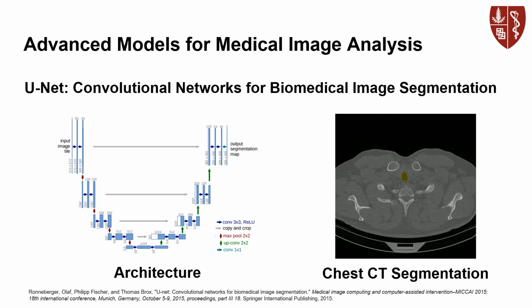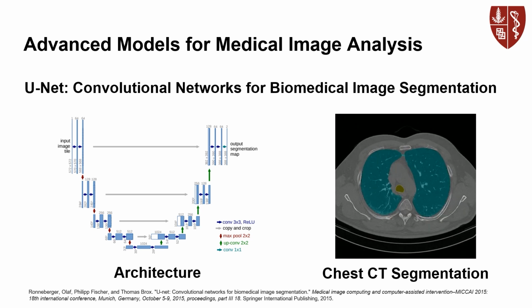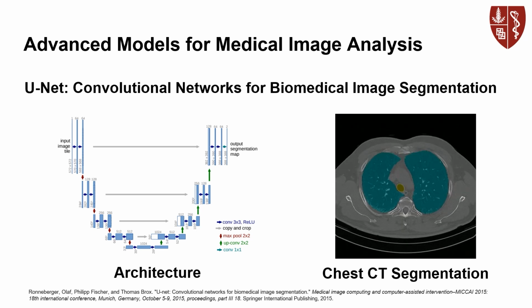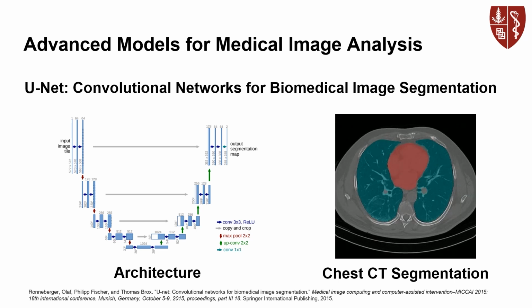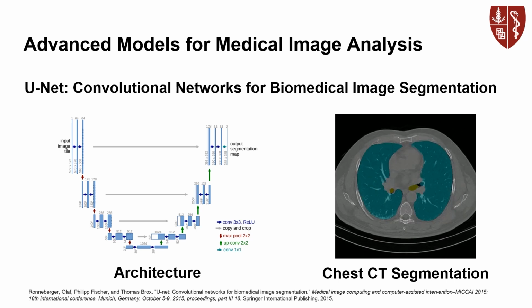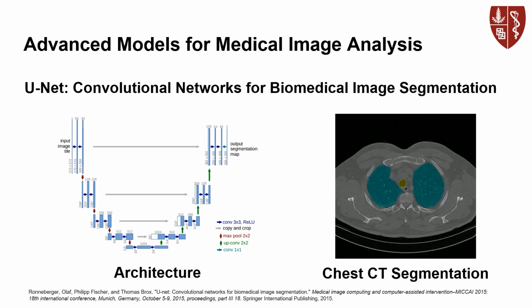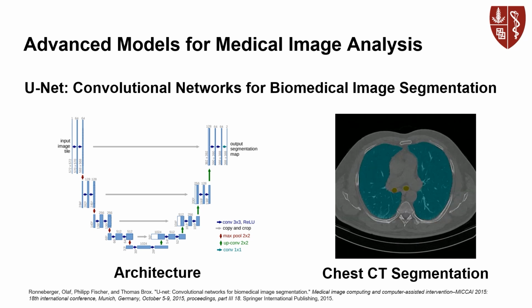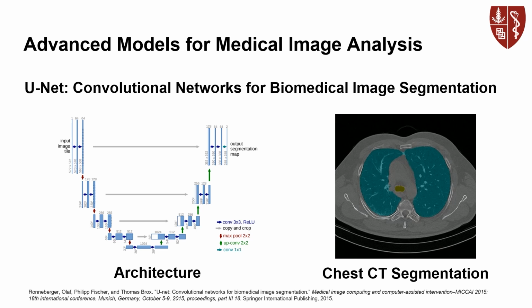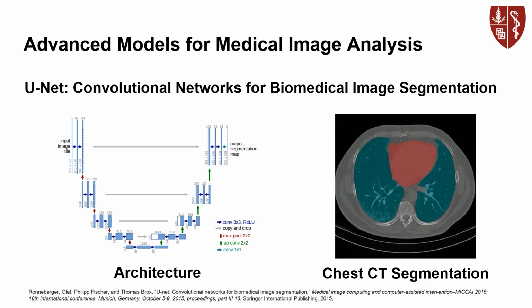On the right, you can see that this model was used to perform inference on chest CT. You can see that it's performing segmentation in real time as you pass by multiple slices of CT scans. So this is a very great implementation specifically for medical imaging.